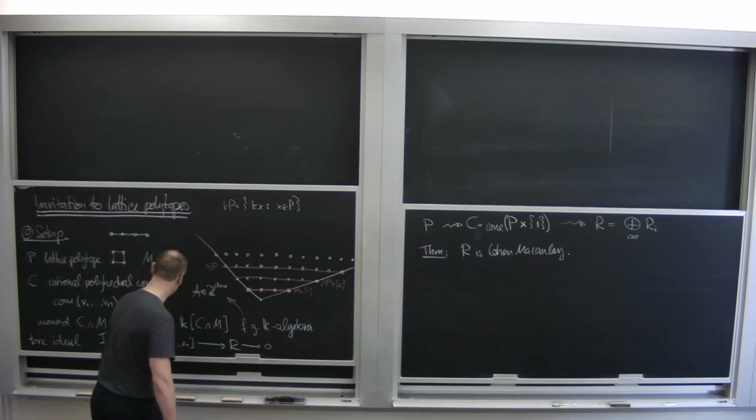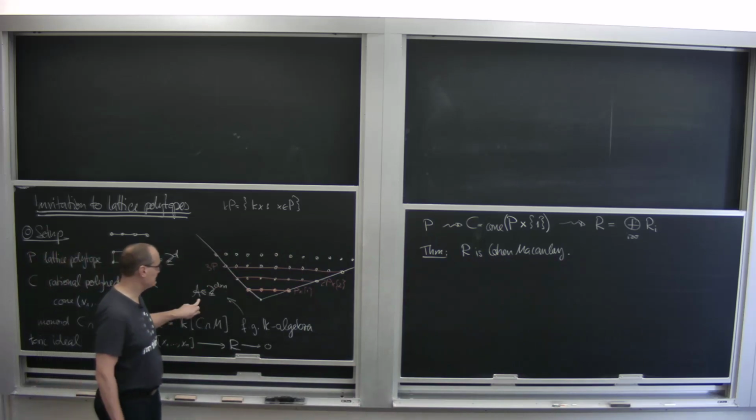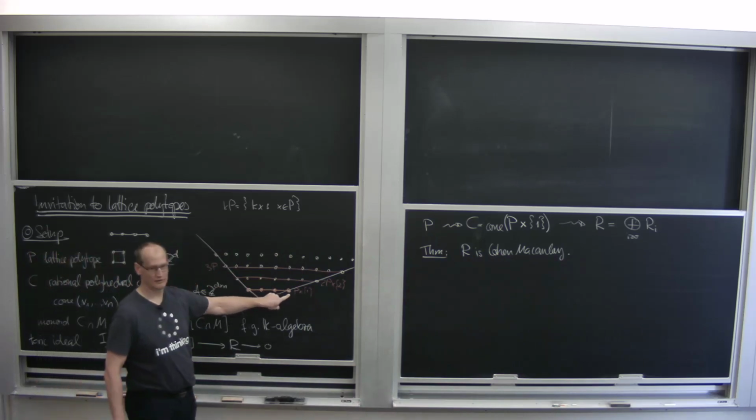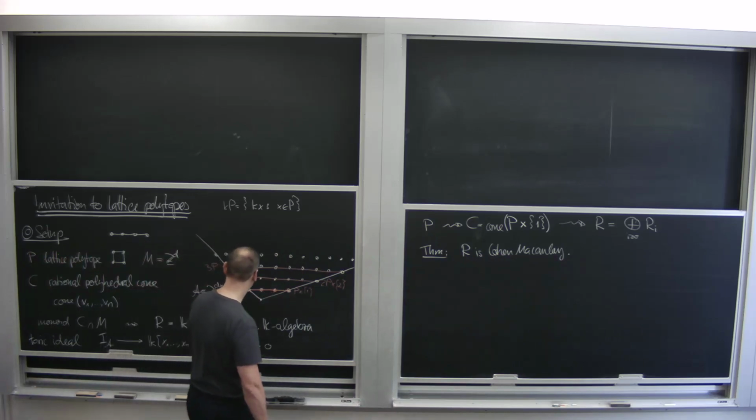Take some notation. The generators are these that I want to pick, these 4 dots here. They get variable names.